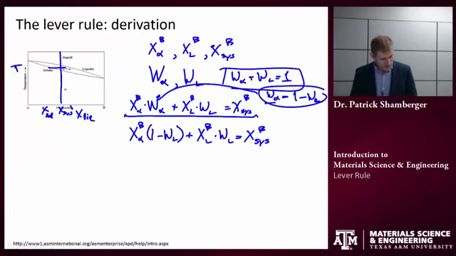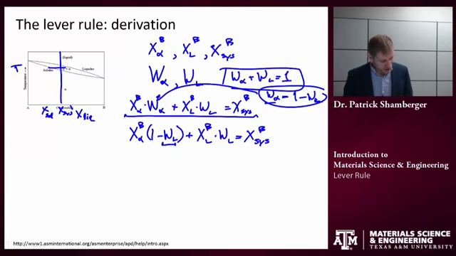Now, the next steps are basically simple algebra, but I want to solve for W sub L, right? The whole purpose of this is to calculate the mass fraction of liquid or phase alpha from the compositions of those different phases.